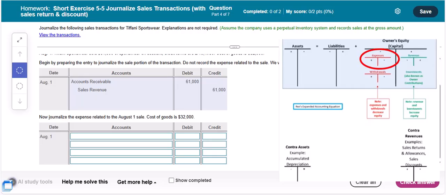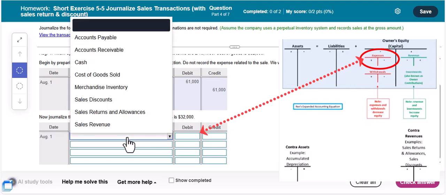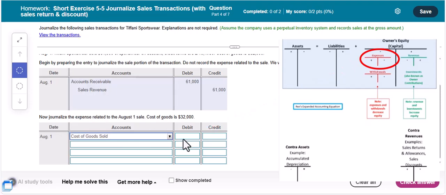Remember that cost of goods sold is an expense; a lot of students forget that. So since we sold this inventory, do we have more expense or less? We have more expense. So we are going to debit COGS, cost of goods sold, for $32,000, and that is increasing our cost of goods sold.